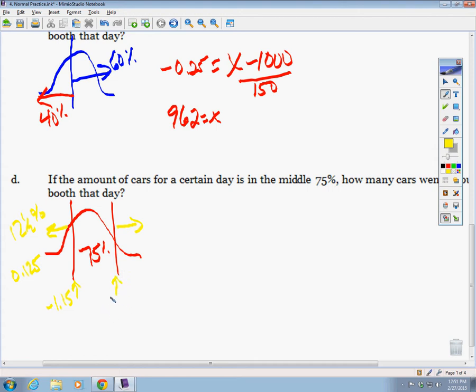Well, since this thing is symmetric, that means the upper bound is 1.15. Now we need to know the raw scores for these Z-scores. So negative 1.15 equals X minus 1,000 divided by 150. And on the other side, it's the same thing, just with the positive.